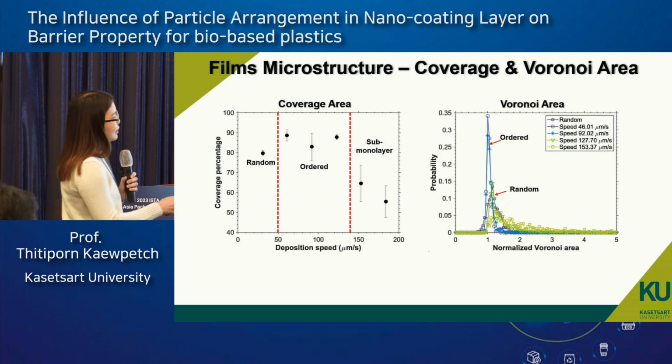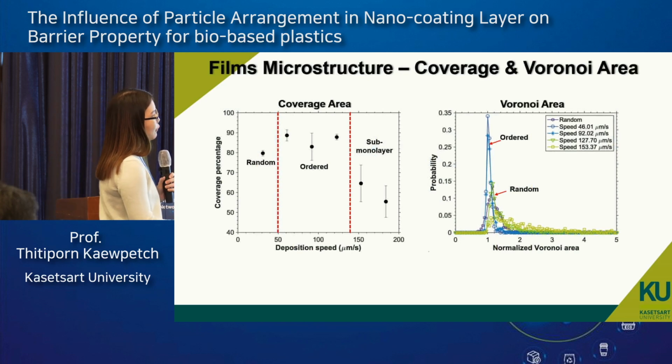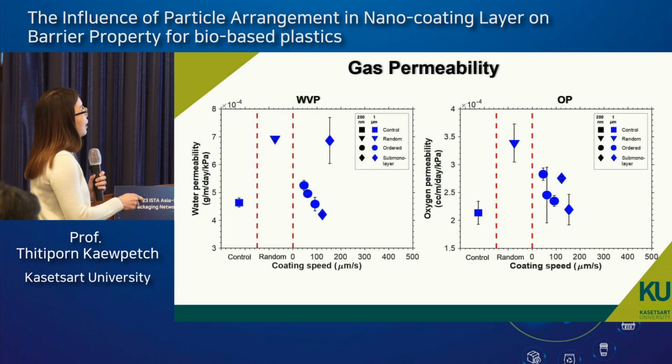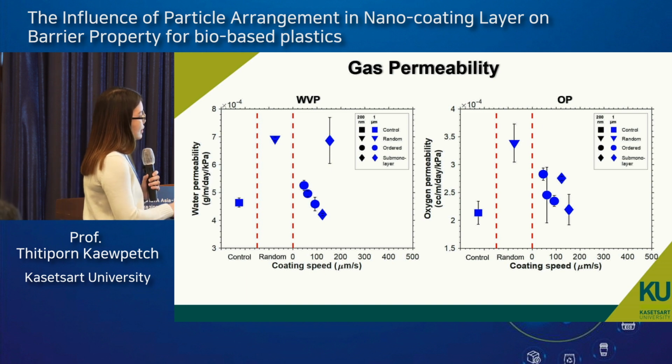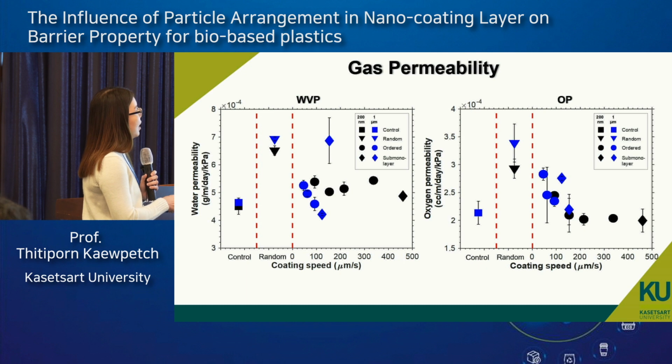From the random to the ordered structure of the coating layers, you can see that the ordered structure has water and oxygen permeability lower than the random structure.